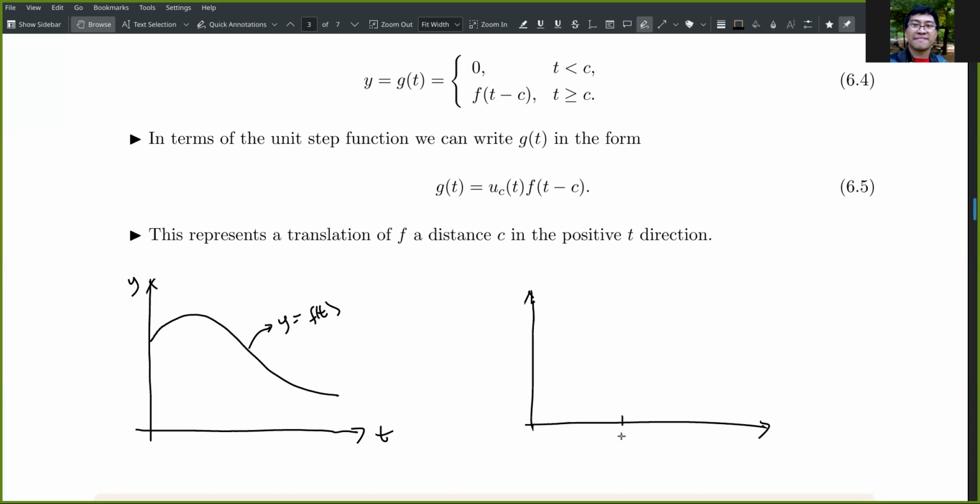So here it is 0, but it jumps to the same value here. So it goes like this, and this would be your y equals g(t), or u_c(t) f(t minus c).